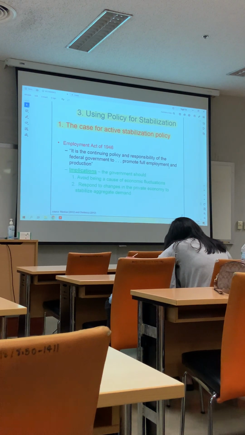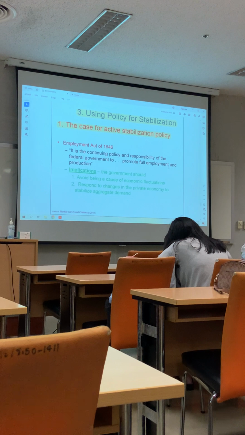The first group is the group of economists who support the idea of using policy to stabilize the economy. The reason why they believe that we should use policy to stabilize the economy is, you can write number one here.